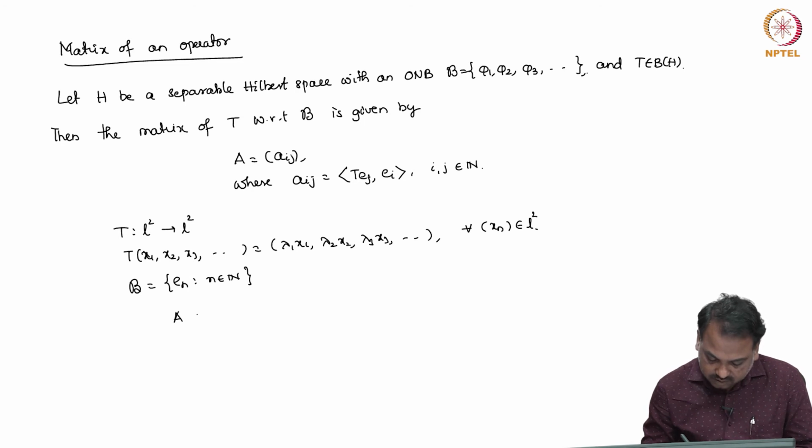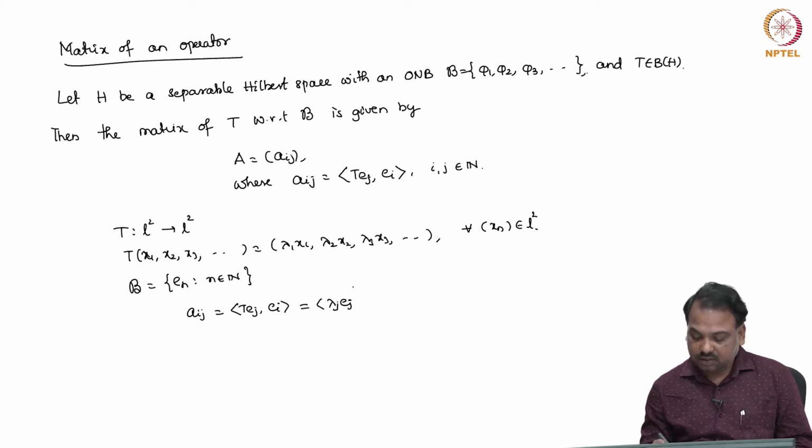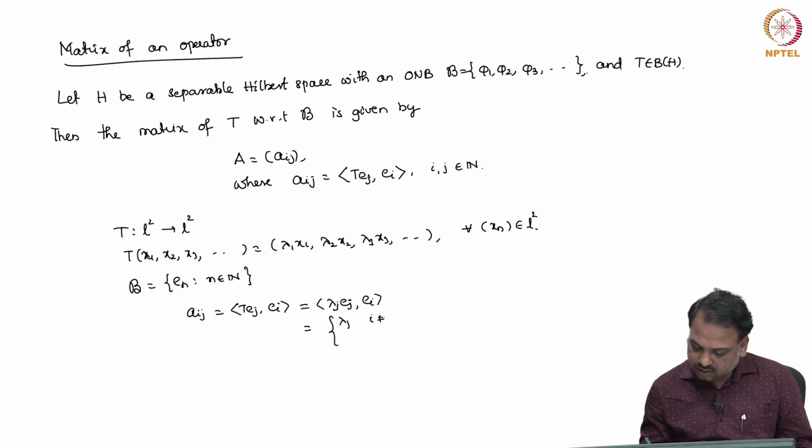Then the Aij element is the inner product of T Ej with Ei. But we know that T Ej is lambda j Ej, as we already observed. So this will be lambda j when i equals j, and 0 when i is not equal to j.